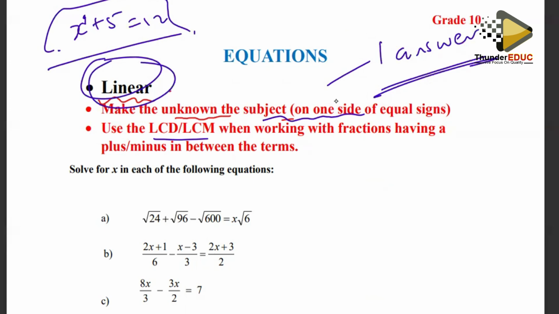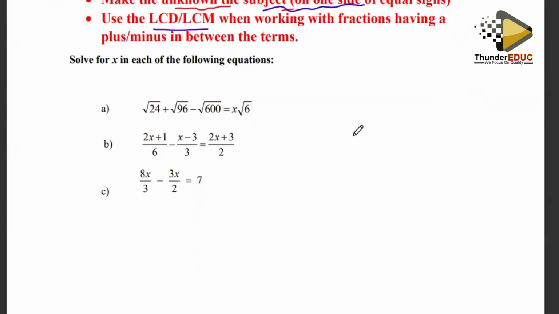Okay, let's have an example of some worked questions. We have root 24 plus root 96 minus root 600 is equal to x root 6. They want us to solve for x. Let's break this down nicely.